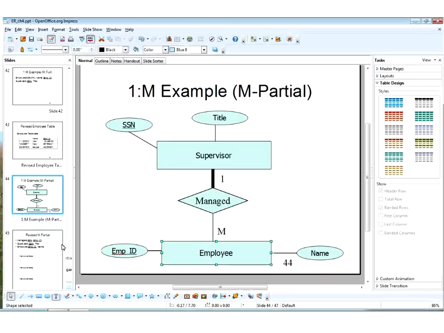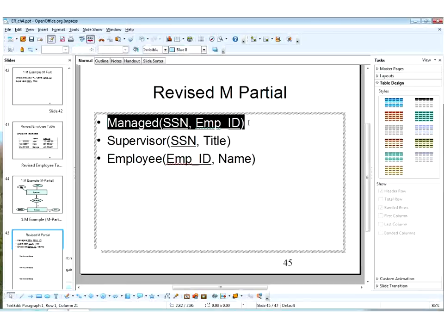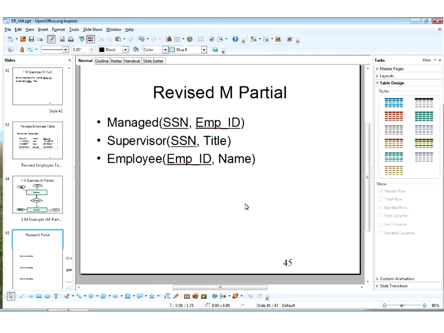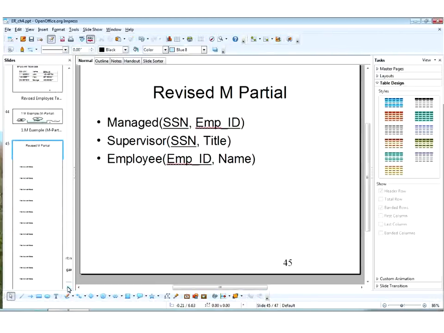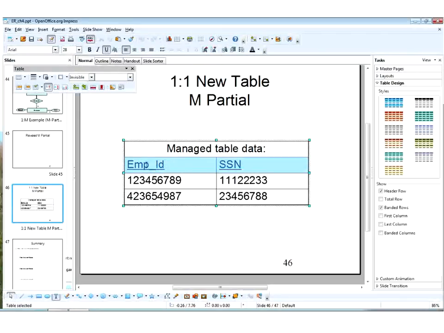Let's say my employee is partial. Then what do we do? That's when we create the intermediary table here. That way we stay with no redundancy. We won't have any nulls. And there's our new table. It consists of the primary key of both.